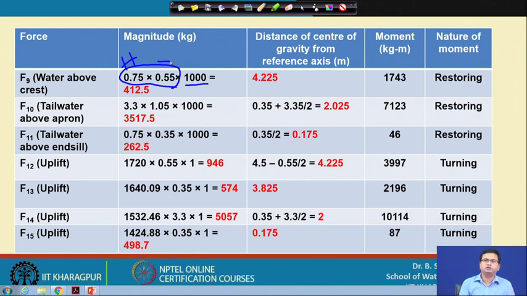So, we will get a rectangular type of pressure diagram. In this case you will get F 9 as 412.5.